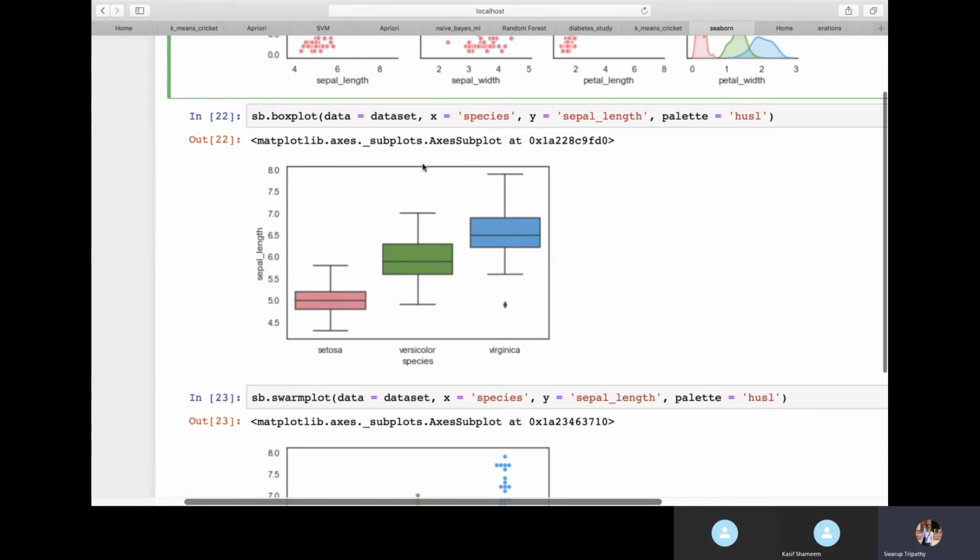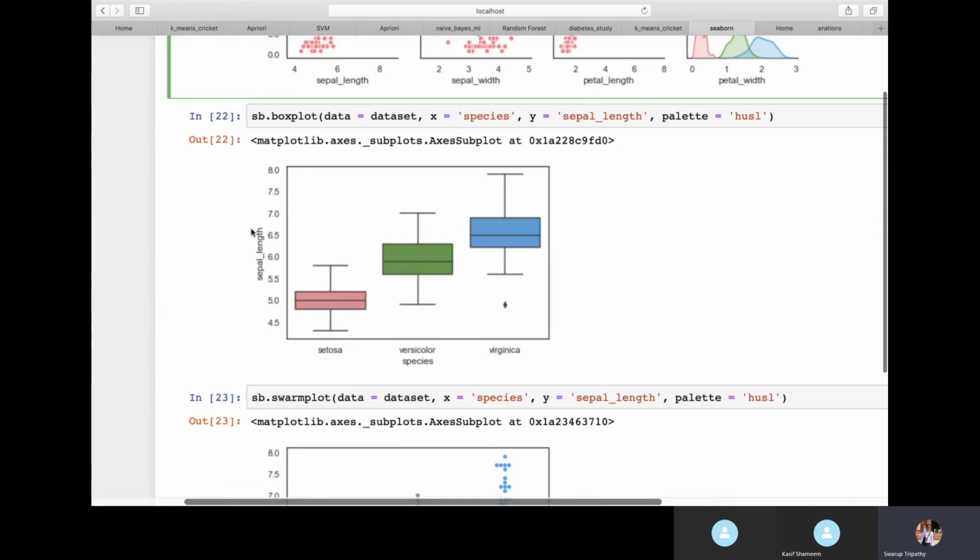Now you can plot a box plot when you have some categorical data and you want to compare with respect to some continuous variable. Categorical data are usually taken on the x-axis and continuous on the y-axis. Suppose I want to find out how sepal length contributes to different species. So I have taken data as data set, x as species, and y as sepal length.